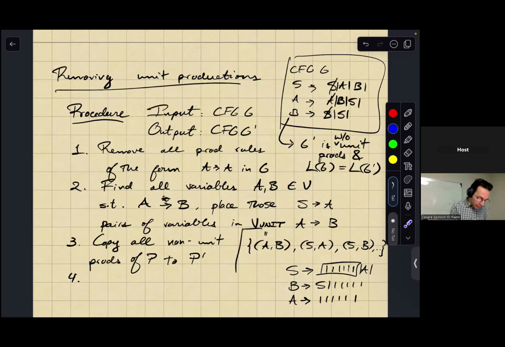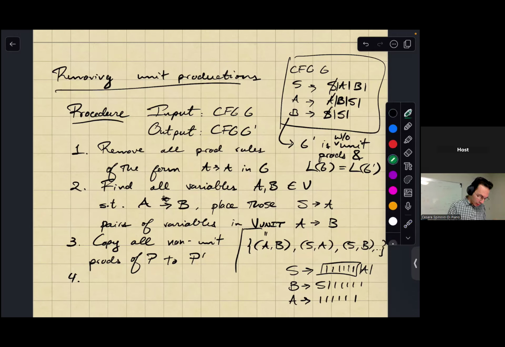It's going to be replaced with any of the things here, right? So essentially what I need to do is sidestep this intermediate variable and just add the production rules that I would have eventually used with that unit production rule directly to the production rules of S, right?